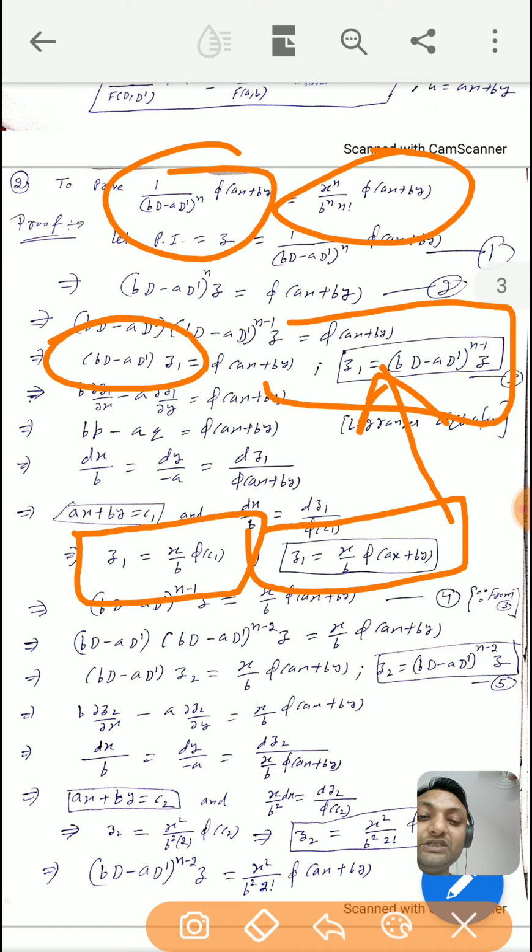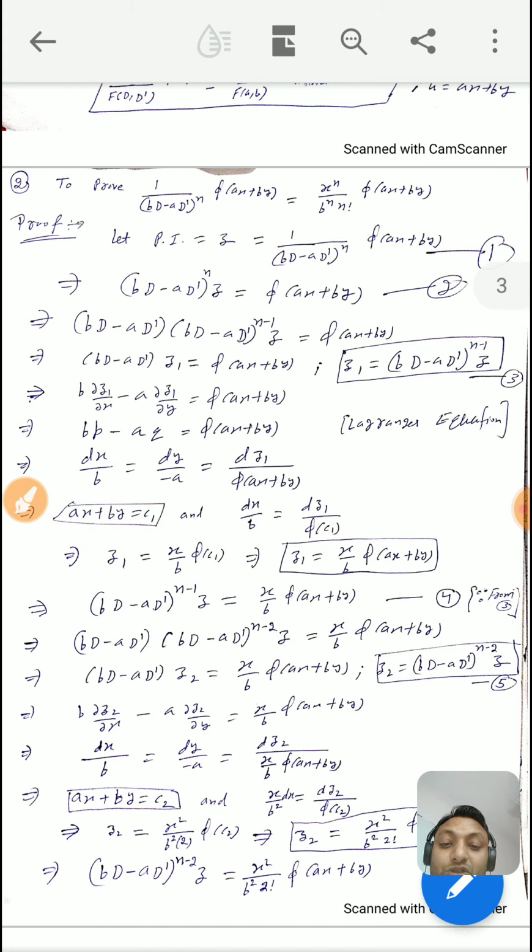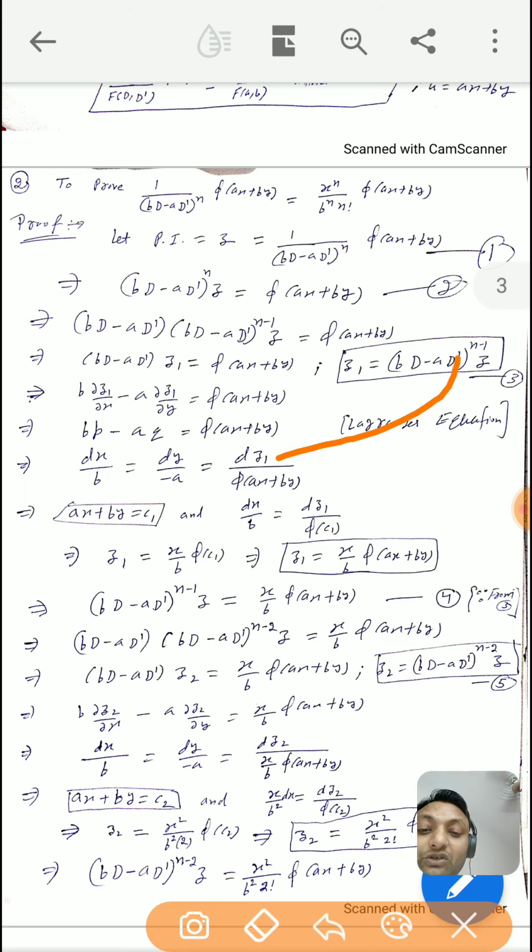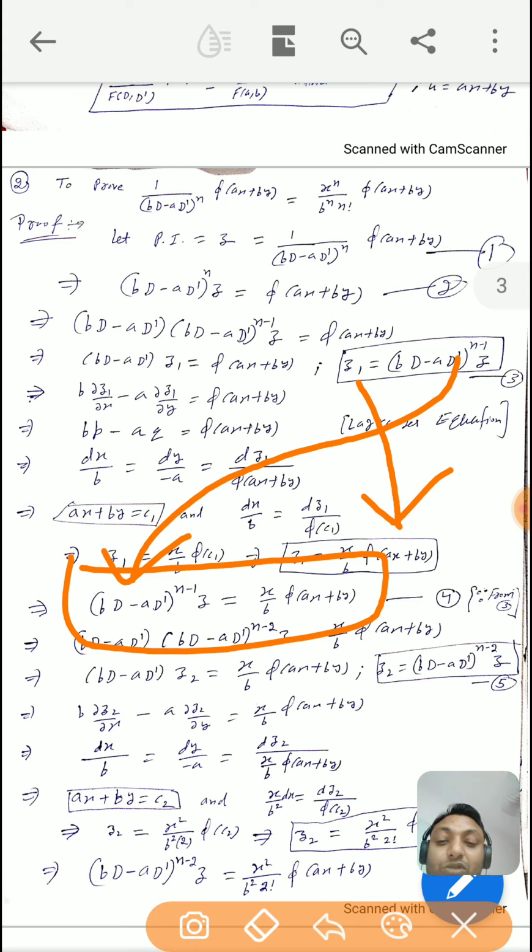The right hand side of equation number 3 is given by this one, and on the left hand side we substitute the value of Z1 and we get this equation, say equation number 4.